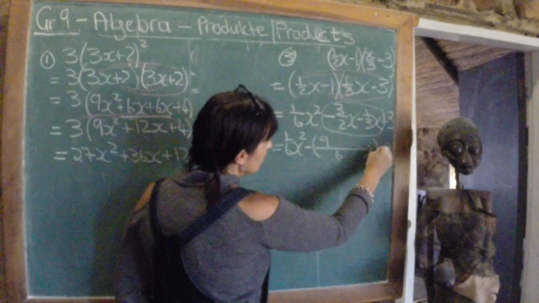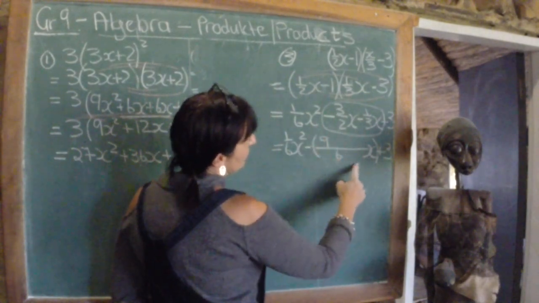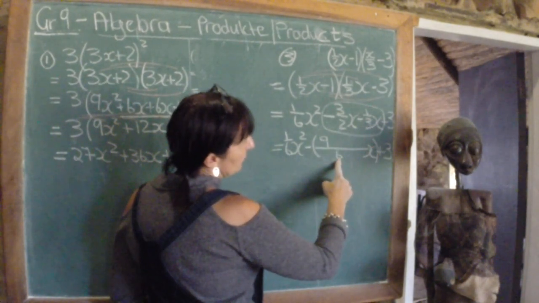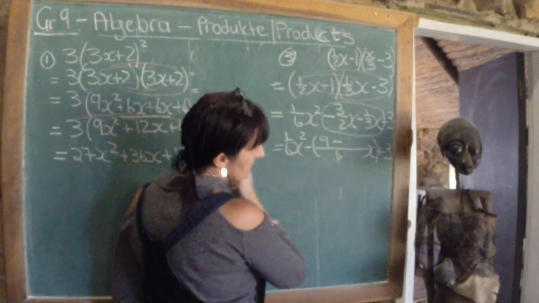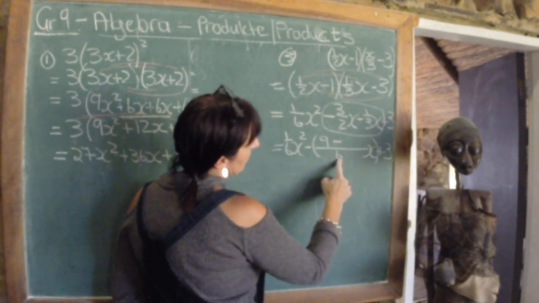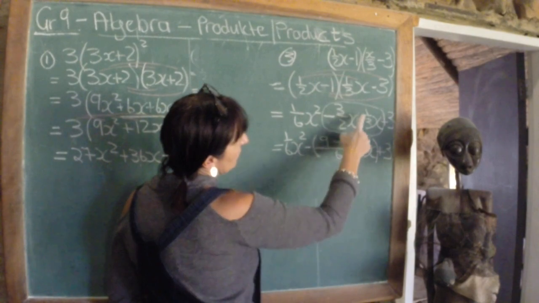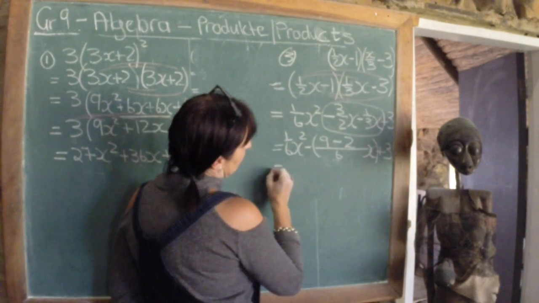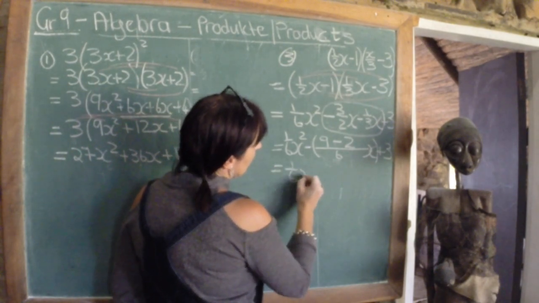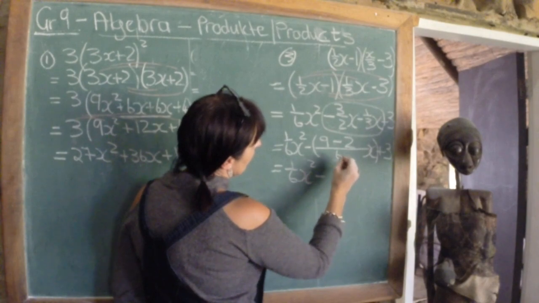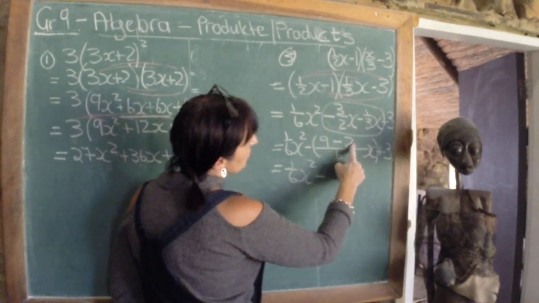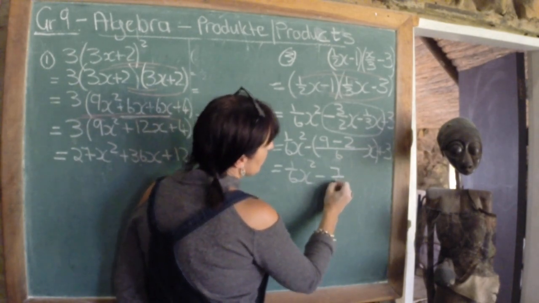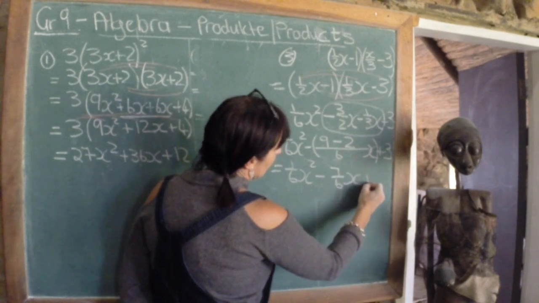Let's put that in brackets because of the putting it now on one denominator. 3 maal 2 gee vir my 6. So ek het 'n minus. 3 maal 2 gee vir my 6. So 1 times 2 gives me 2. So let's simplify. 1 op 6x kwadraat minus, en ek het 9 minus 2 op x is 7 op 6, is 7 op 6x plus 3.